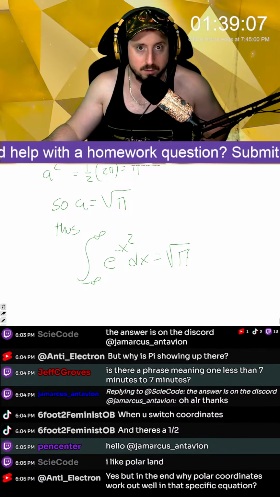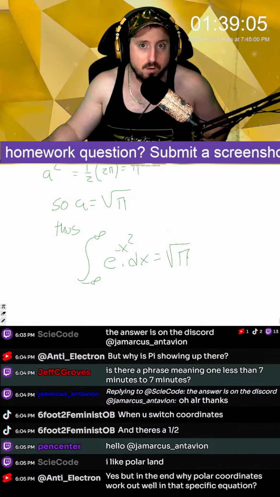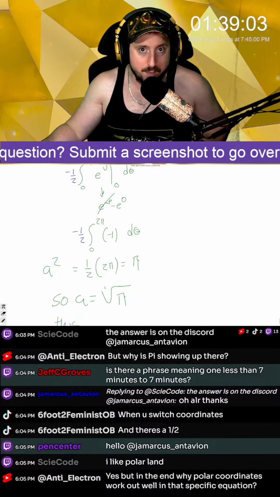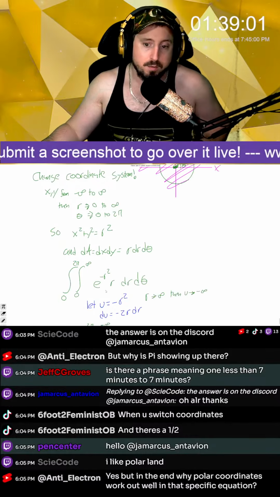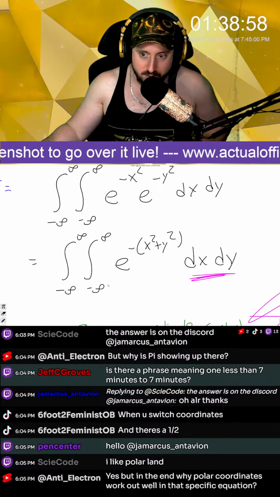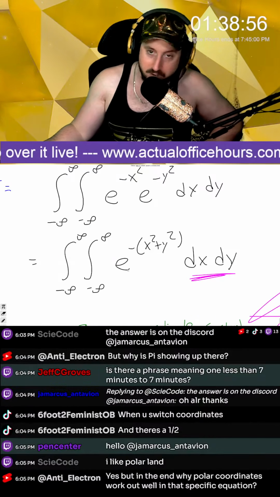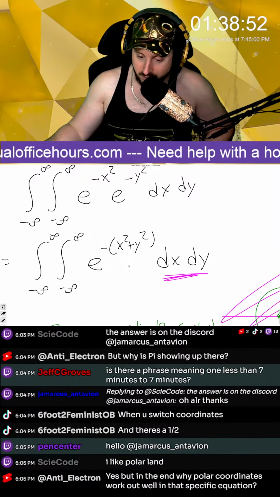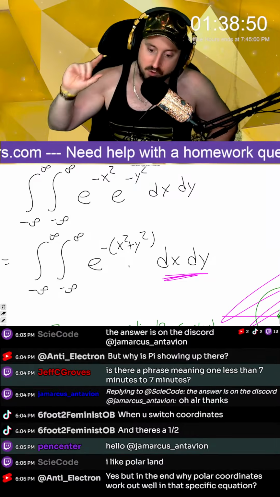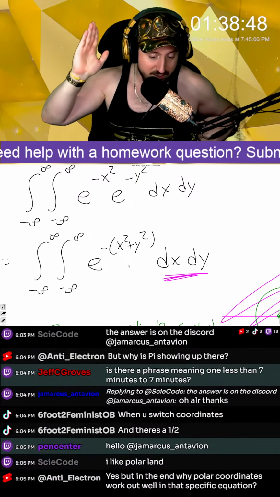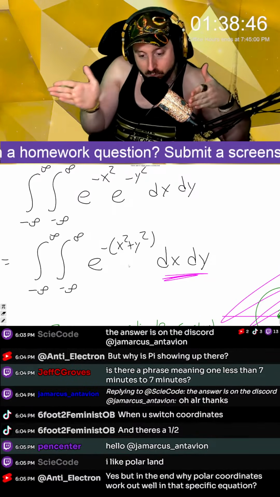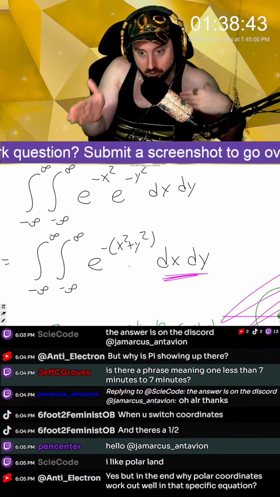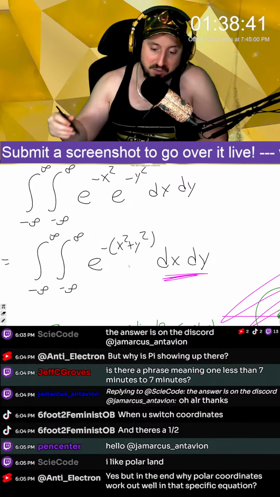I like polar land. Yes, but in the end, why do polar coordinates work out in that specific equation? Okay. The reason why, and this is a good thing for math intuition, is that when you're doing integrals, and they look tricky, certain things should be hints that move you towards a certain trick for solving them. A lot of math is pattern recognition.